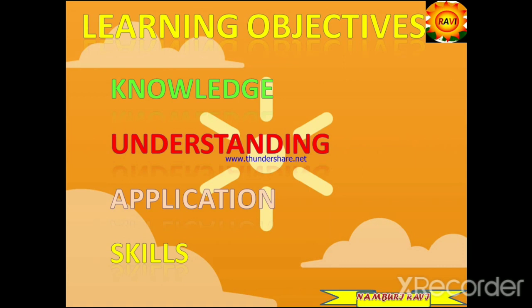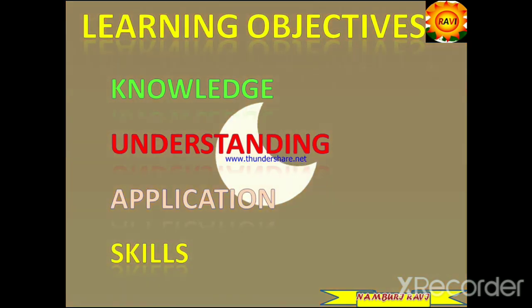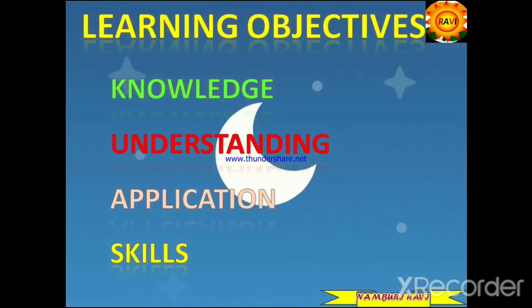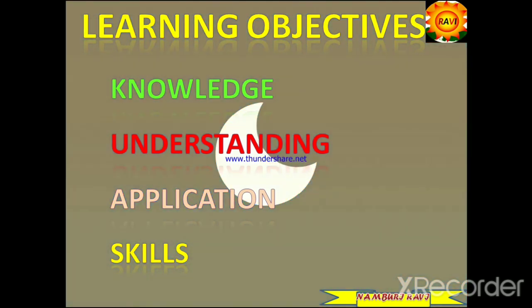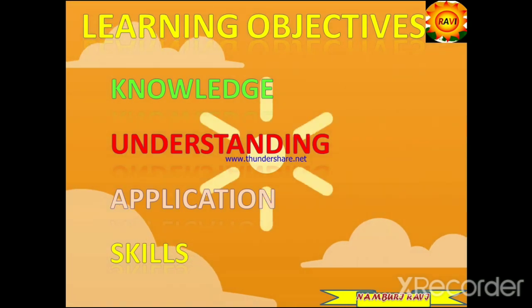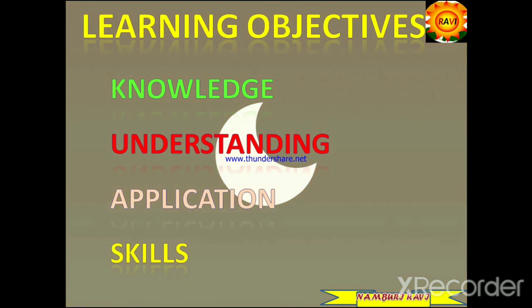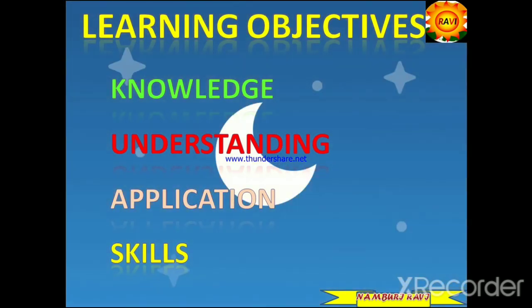Under the second learning objective, that is understanding, students are able to understand the differences between the World Bank and the UNDP, United Nations Development Program, and also the differences between developed nations, developing nations, and underdeveloped nations.